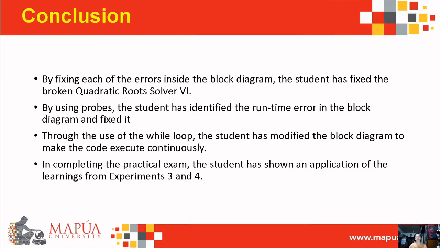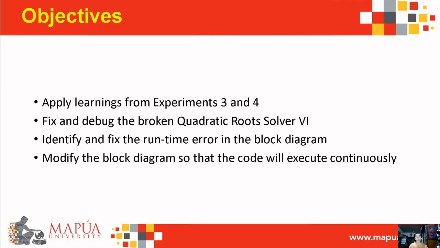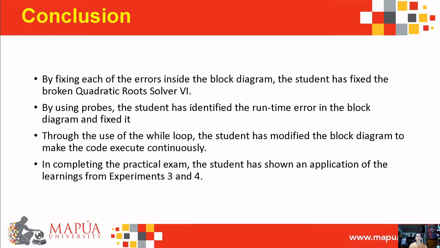Lastly, the conclusions found with the experiment. These conclusions can be connected to our objectives of the experiment in slide 3. So by fixing each of the errors inside the block diagram, the student has fixed the broken quadratic root solver virtual instrument.